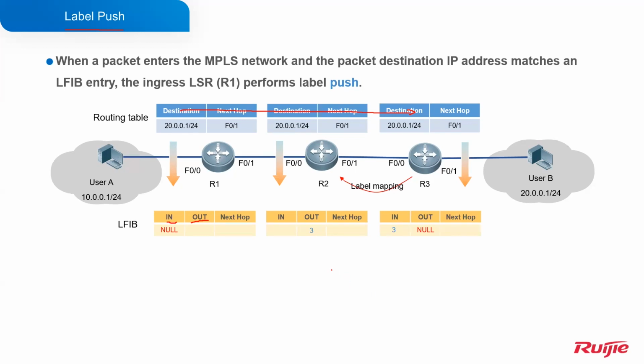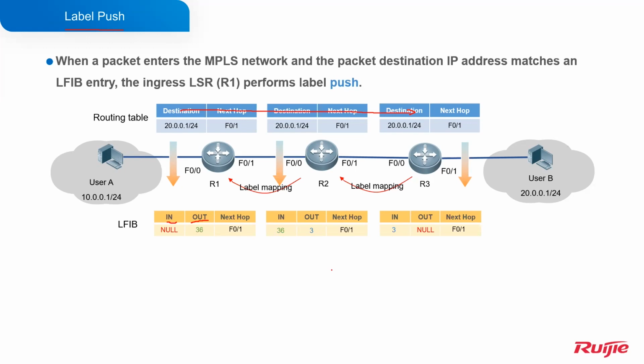And then let's see the following plan. If user A sends out the message, the destination IP is 20.0.0.1, the source is 10.0.0.1. And the first time R1 will receive this IPv4 message, we will take the destination to match our IP routing table.